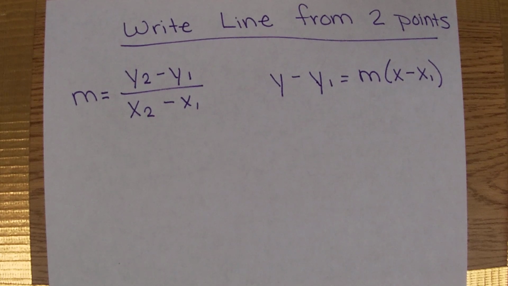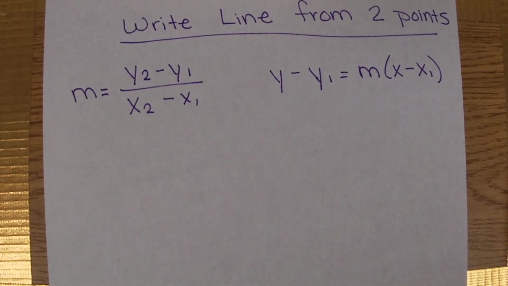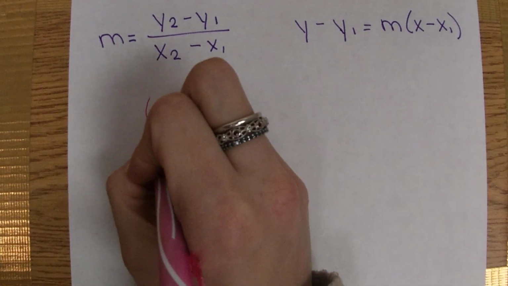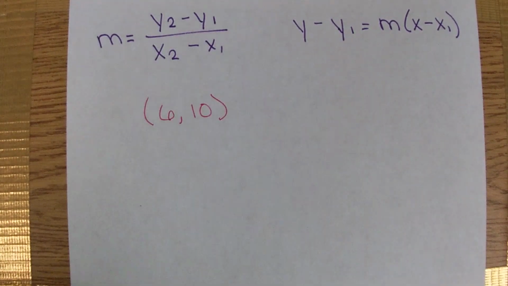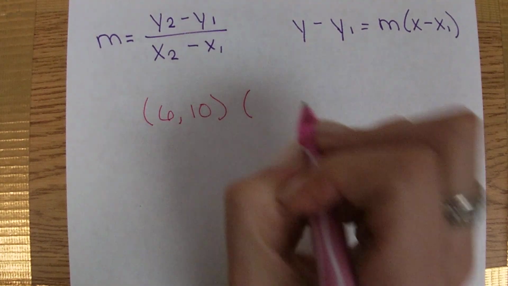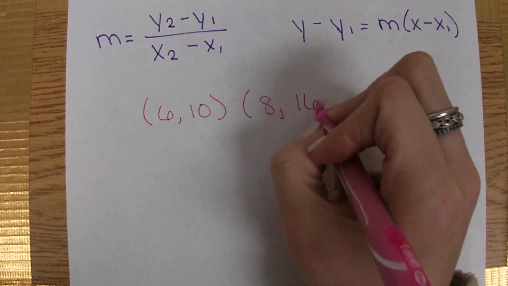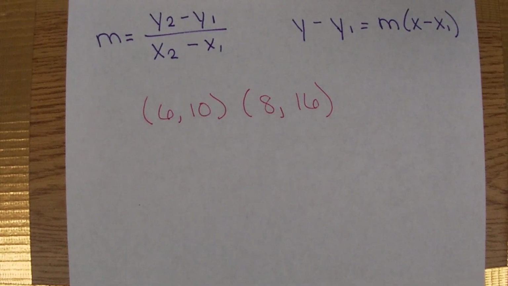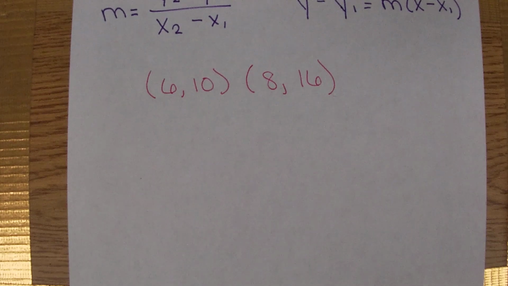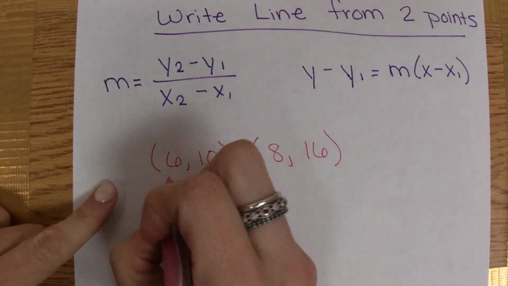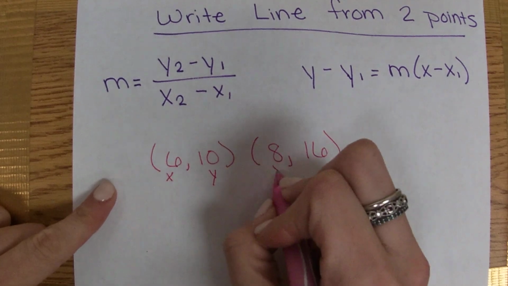Okay, so if we want to write the equation of a line from 2 points, maybe we're asked to write the equation of a line that passes through the points (6, 10) and (8, 16). The first thing we have to do is calculate the slope. Remember, every ordered pair is an x, y.